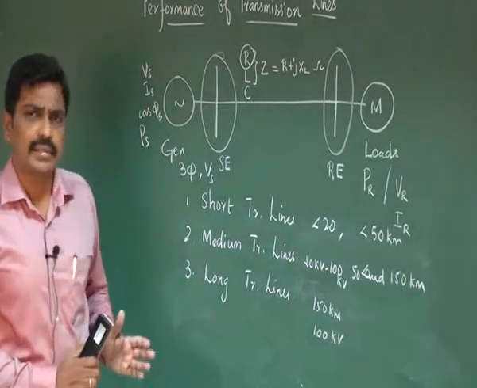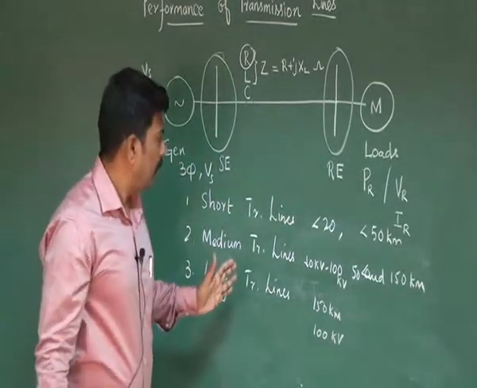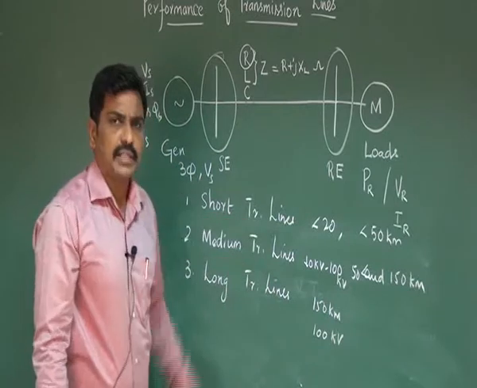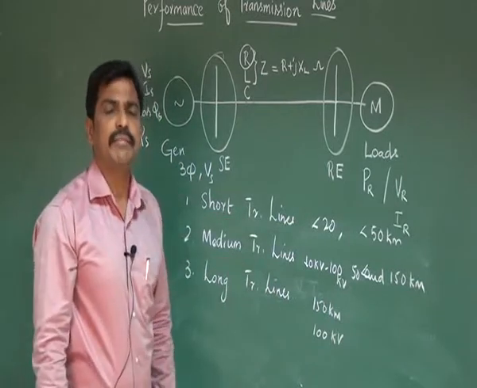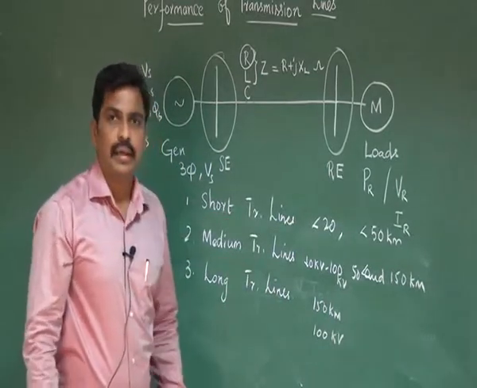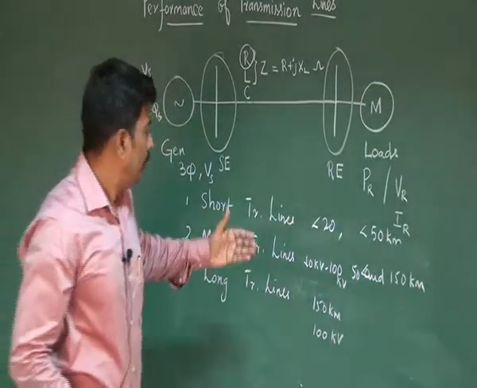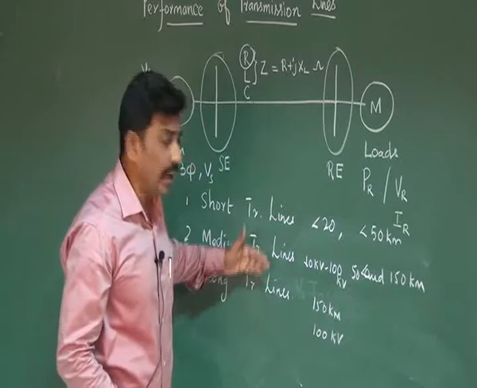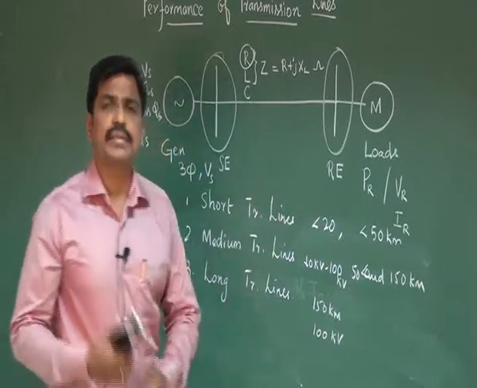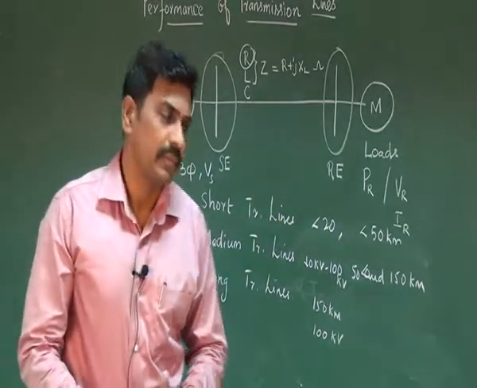Why do we categorize these lines like this? If you talk about short transmission lines, the effect of capacitance is minimal. Normally, we classify these lines based on the effect of capacitance.